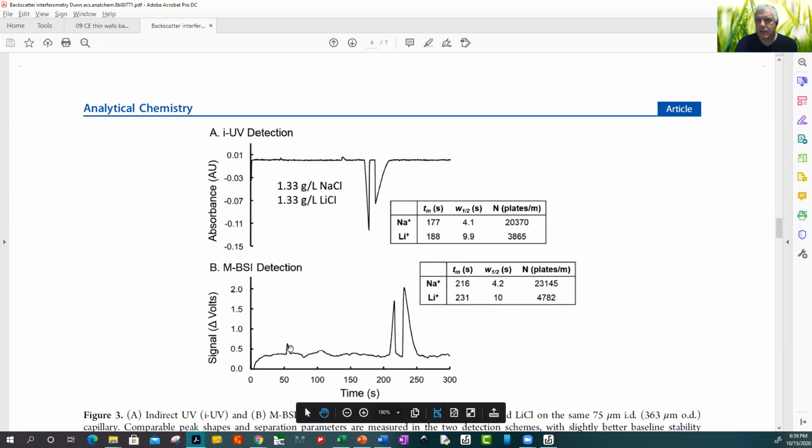And this is the refractive index detector, right? And they say that this one actually is more sensitive to the peaks, but this one has a better baseline, more baseline stability.